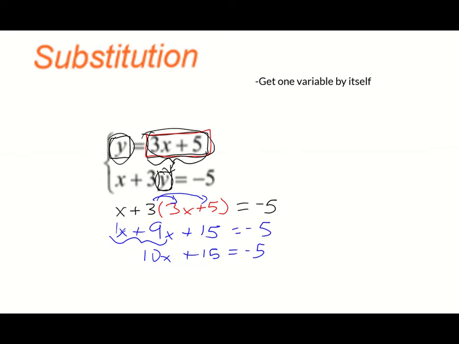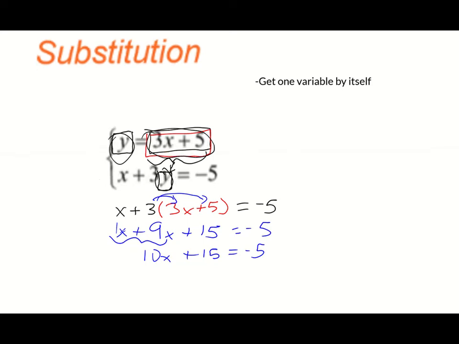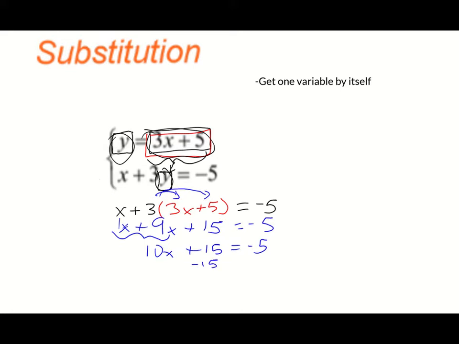And this is just regular solving equations at this point. So we'll subtract 15 from each side. To try and get x by itself, we do the addition part first. So you have 10x equals -20. The last step, dividing by 10. So we figured that x is -2. That's part of what we want.